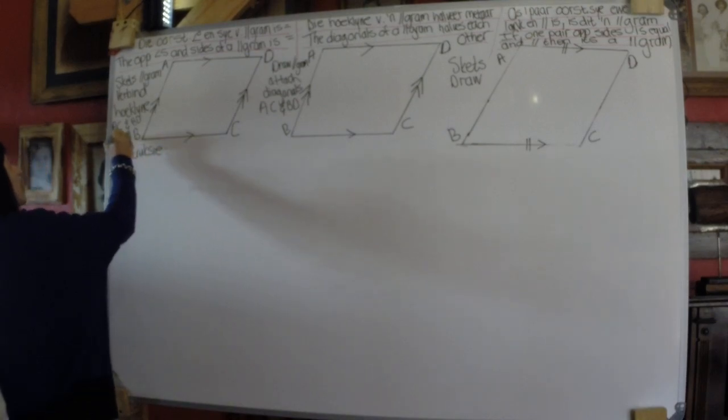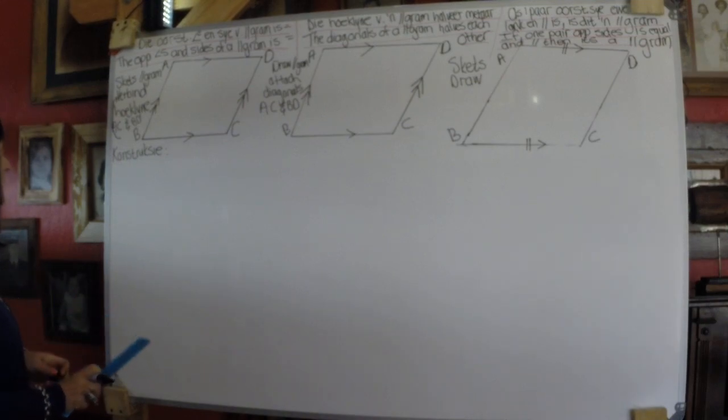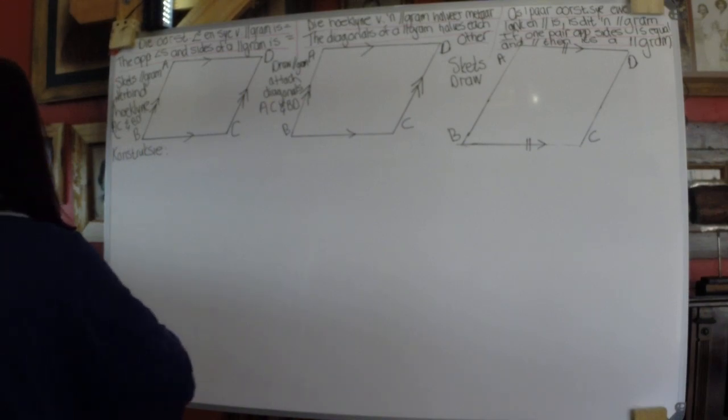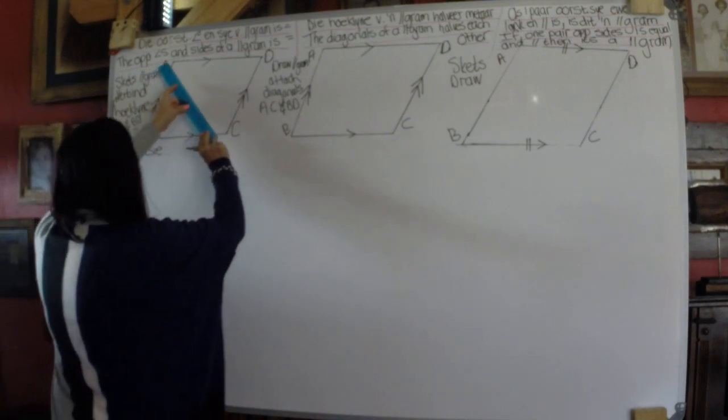En dan gaan skryf jy, verbind hoeklyne AC en BD. And then you go, and on your sketch, you do exactly that.